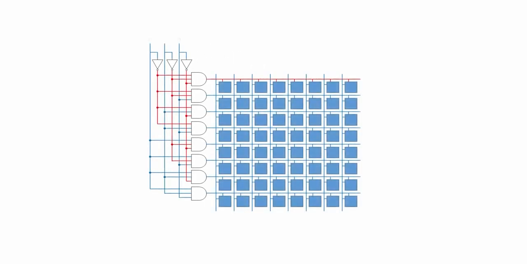Decoders have a number of applications, including selecting a row, also known as a word line, from an array of memory cells based on a binary row address. If the 3 address lines are all at 0 voltage, then only the top row of the array has a high voltage across it.